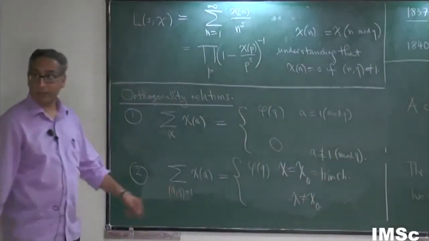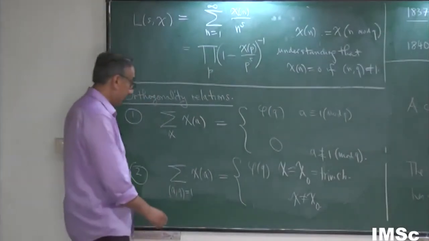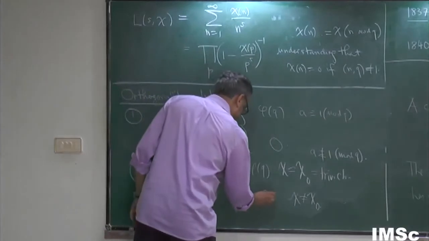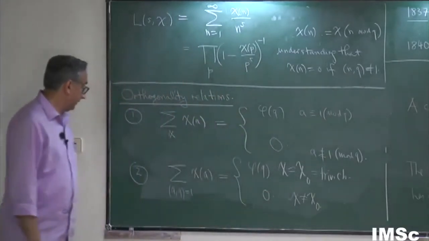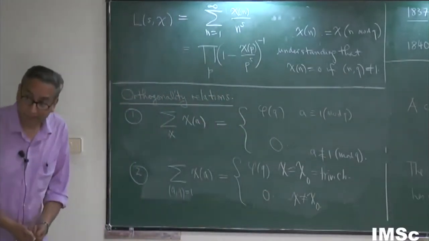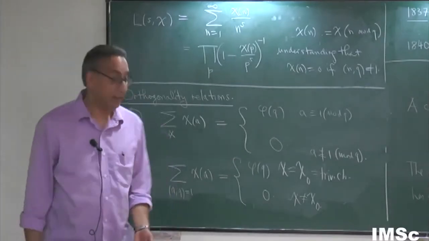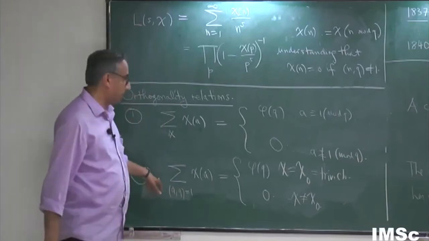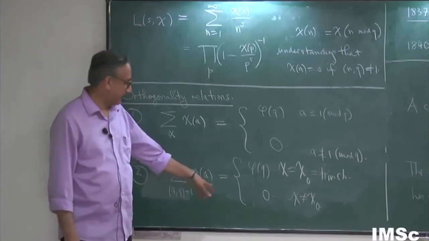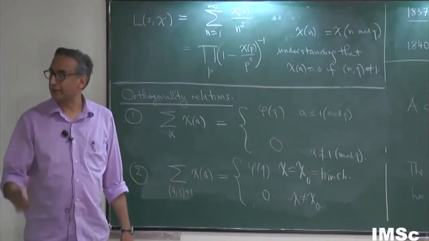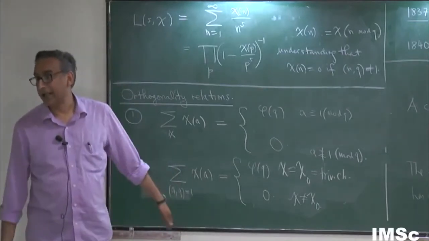a similar argument as before shows that this is equal to 0. And the way you do that is, if chi is a non-trivial character, there's got to be a b such that chi of b is not 1. Hit the thing by chi of b, same argument. And now as a runs through all the things, so does ab, and then it has to be 0.